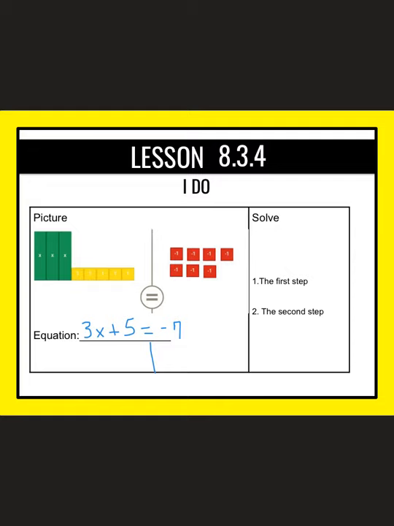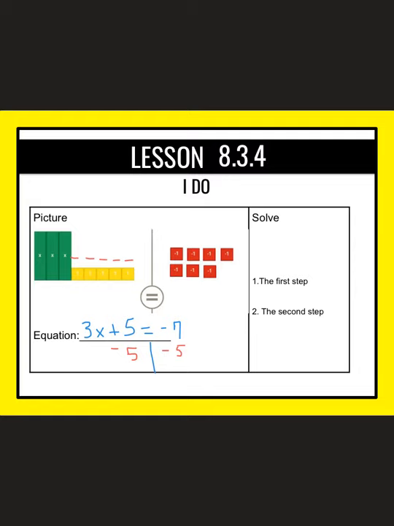And the only way that I can undo that positive 5 is by bringing in a negative 5. Add 5, the inverse is minus 5. So if I were to bring in negative 5, what I do to one side, it's important that I do to the other.